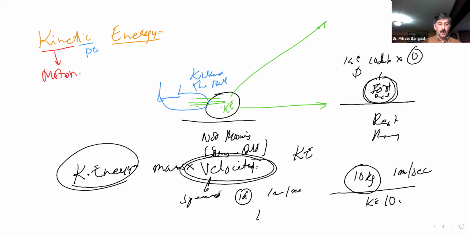Something which has more kinetic energy, if we keep the mass constant, will have a greater velocity or be moving at a greater speed. Whereas if it was a lesser kinetic energy, that mainly means it moves at a lower velocity or at a lower speed.